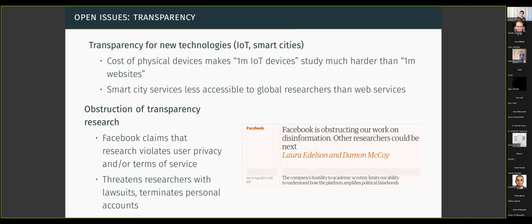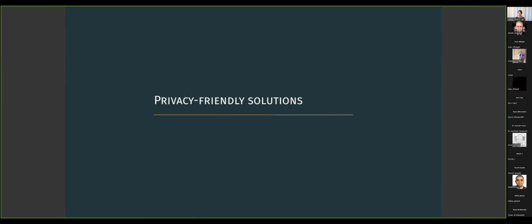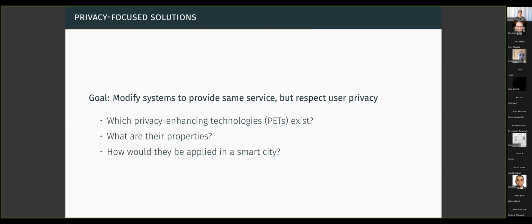So I'll get back to this at the very end to maybe have an idea what we can do about this. But for now, let's move on and talk a little bit about privacy-friendly solutions. So basically, our goal here is we want to build a system that provides the service that we want it to provide, but at the same time respects user privacy.